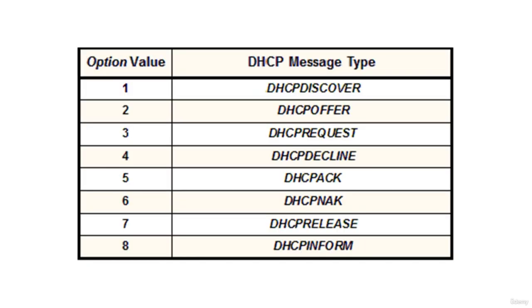If the configuration parameters sent to the client in the DHCP offer unicast message by the DHCP server are invalid, or a misconfiguration error exists, the client returns a DHCP decline broadcast message to the DHCP server.